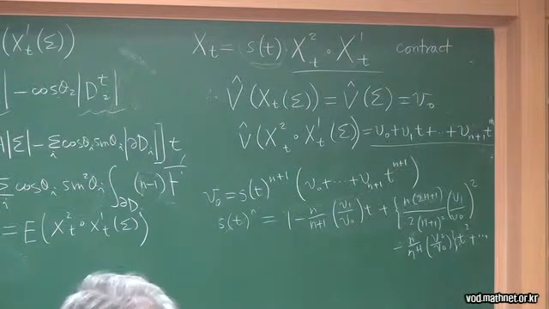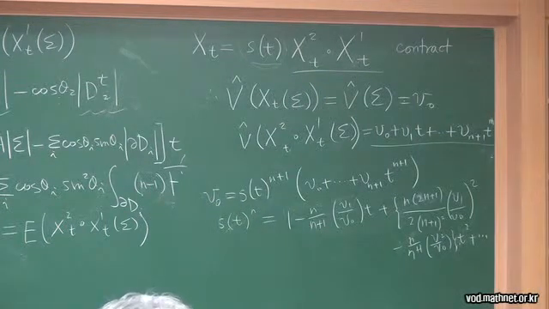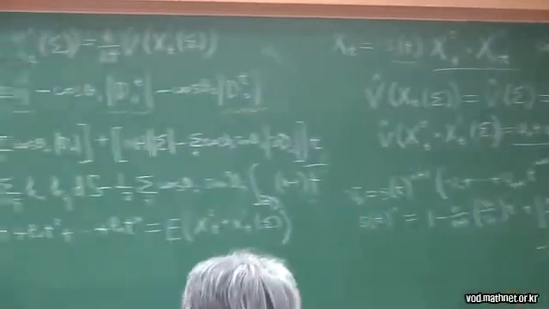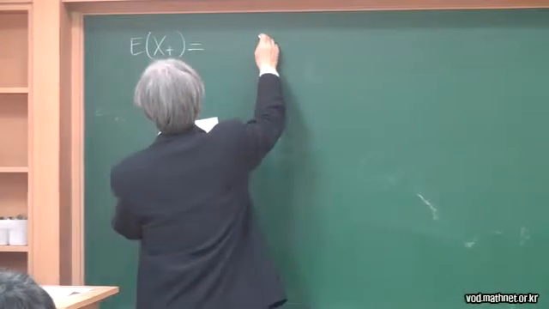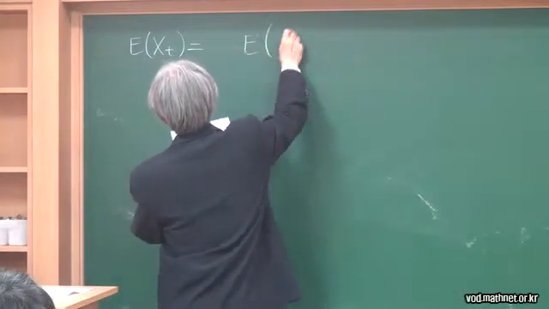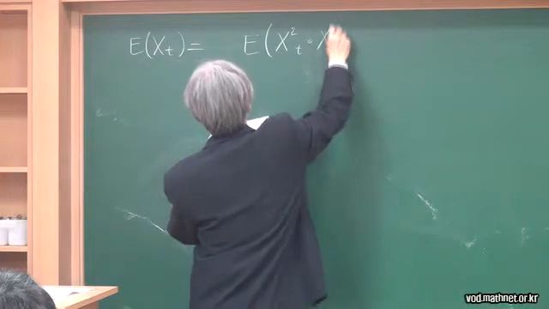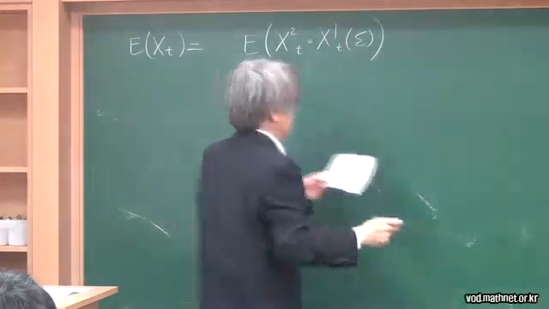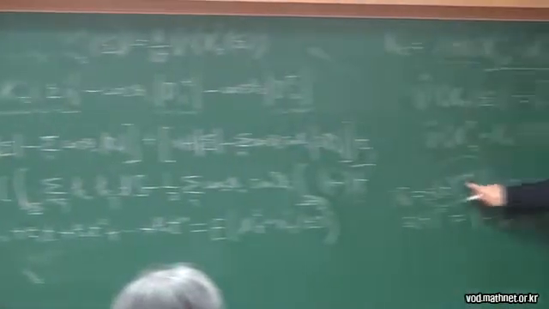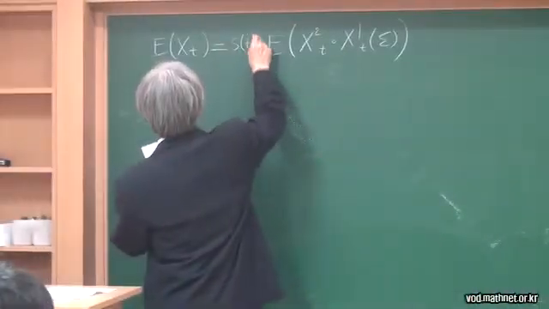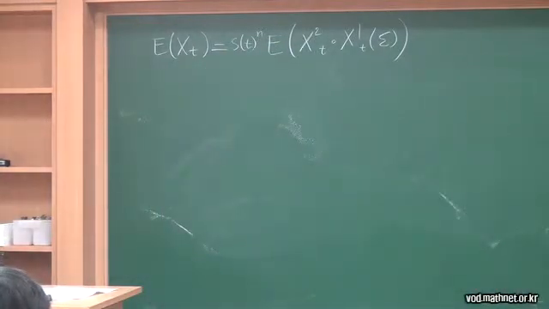And now let's consider the surface area, surface energy. The surface energy of xt is equal to some factor times the surface area of x2t and x1t. But when you contract by this factor, volume increases by this factor, but area increases by s to the n, not n plus 1. So you have only s to the n. And that's why we compute s to the n here. Okay?